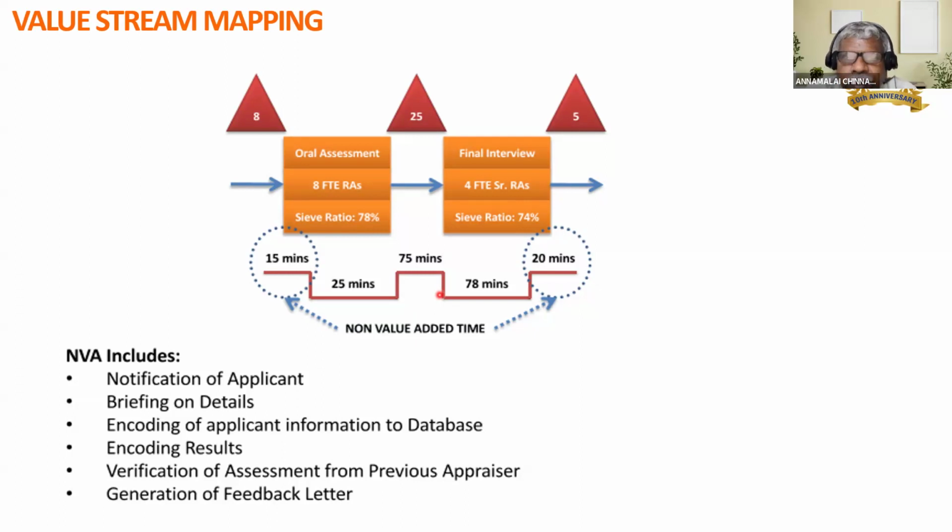But don't just stop with that. See how you can improve it further. Fix a tighter, more ambitious target, and then you'll identify some other choke point. So you repeat it every 2 to 3 months. You do the value stream mapping, and you will find that slowly but steadily your process efficiency will improve.